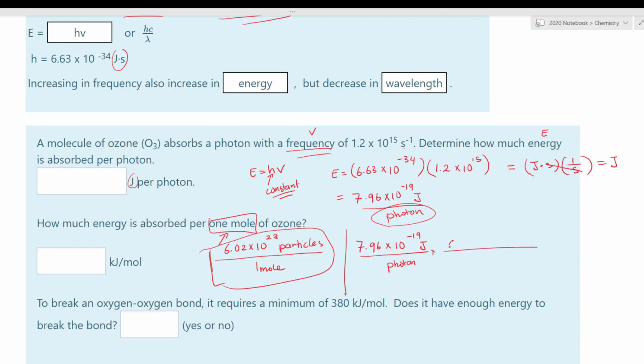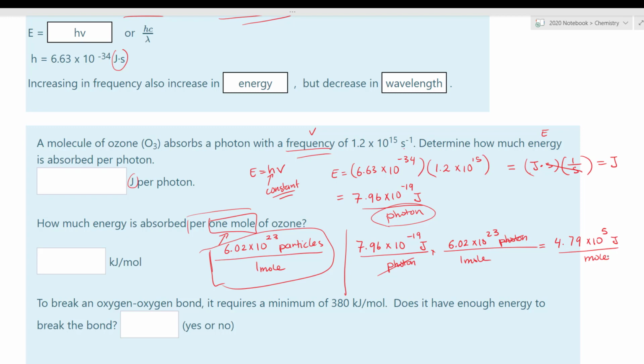Well, based on the Avogadro number, 6.02 times 10 to the 23rd photon is equal to 1 mole. That's why we're looking per mole right there. So if we do this and continue solving for it, what do we have? Our answer turned out to be 4.79 times 10 to the 5th power. Notice how we have photon cancel out. And that is joule per mole.